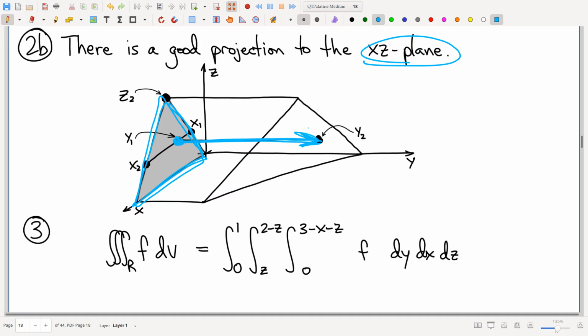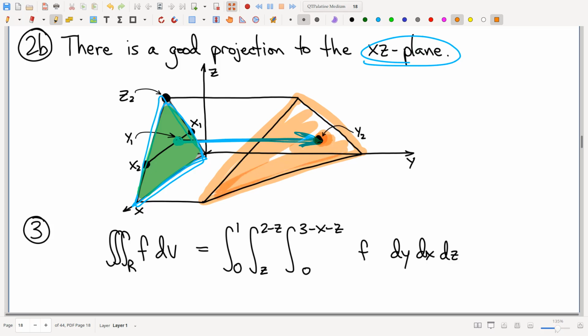Where's my lower bound surface for y? Where's my upper bound surface for y? Again, no big deal. The lower bound, you can see, is always the same plane. Consistent. And then the upper bound for y is always going to be on that plane.